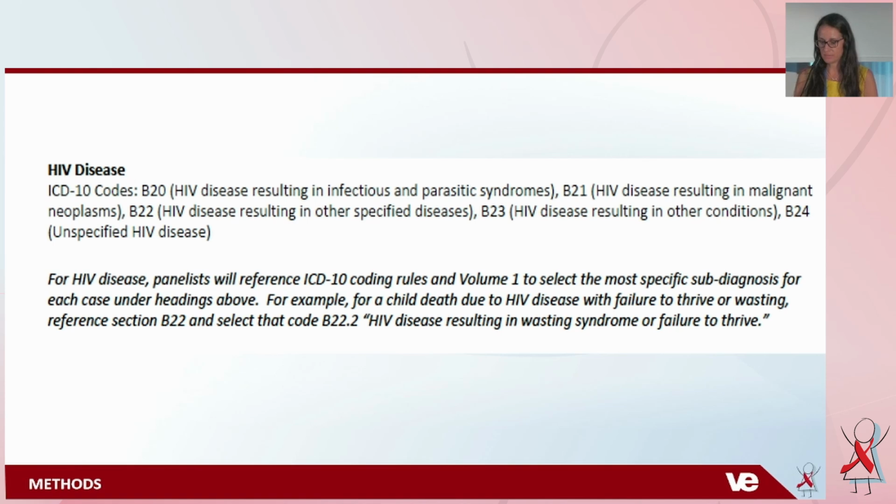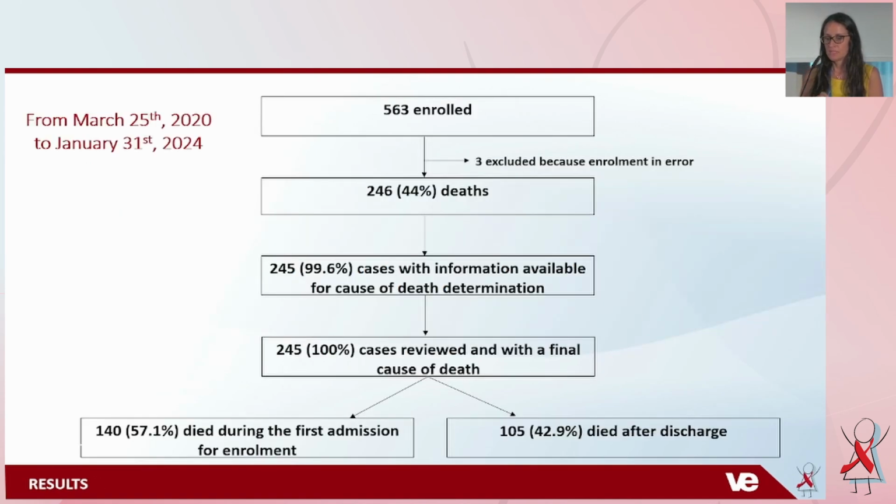And the result for the enrollment period of EMPIRICAL: we enrolled 563, which is a very successful figure. We excluded 3 of them because of enrollment in error that we realized after randomization. Among them, 44% died, which is very, very high.